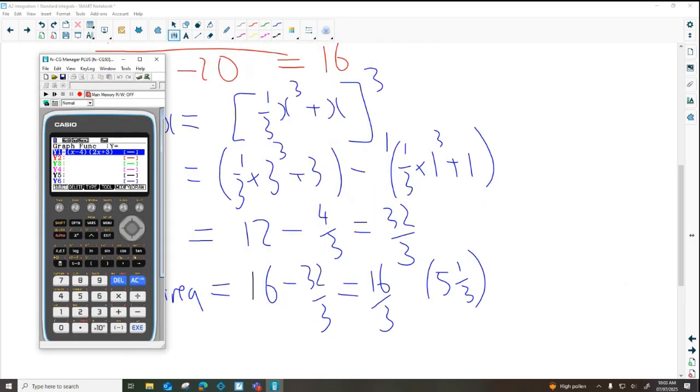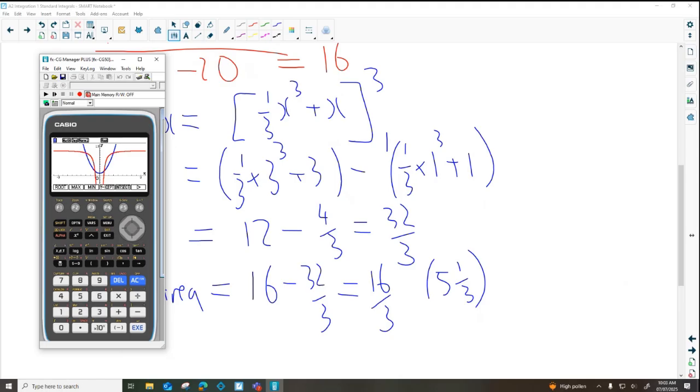So if I draw the graphs of y equals x squared plus 1 and y equals 11 minus 9 over x squared, I'll see this. Let me go up a little bit so I can see what's going on. That's okay. So I can see here the area that I am looking for.